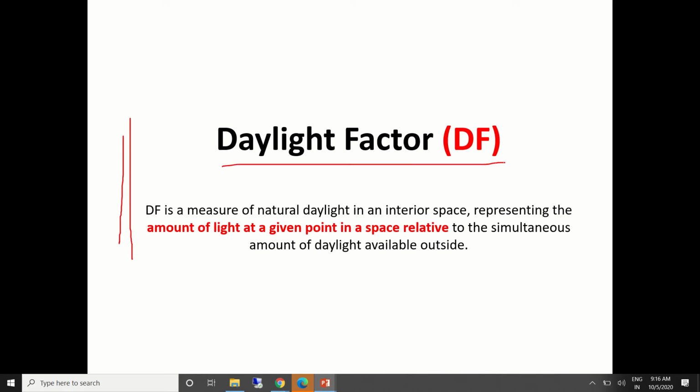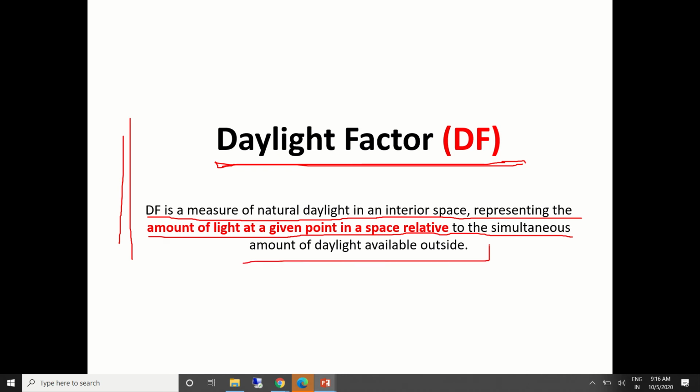Okay, daylight factor. In today's exercise also we will be using this daylight factor. A daylight factor is a measure of natural daylight in an interior space, representing the amount of light at a given point in a space relative to the simultaneous amount of daylight available outside.